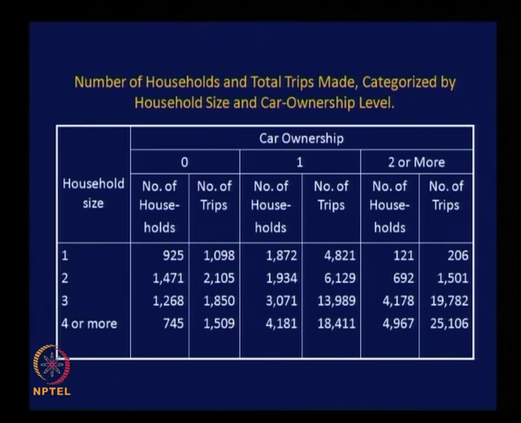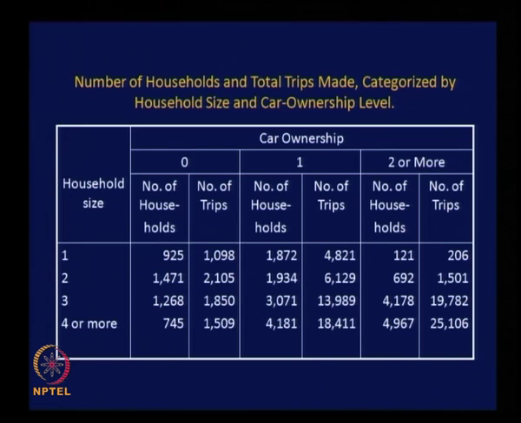And 2 person households 1471 and so on. Then number of trips made by the household, which we actually collect. The information is collected from the households by conducting surveys in the base year, so that information is provided.